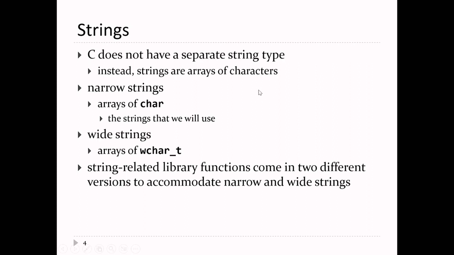Now to help you deal with this sort of thing, the language provides you with a library that can operate on arrays of characters. If you look at the header file string.h, you'll see that there are different versions of the functions for regular strings, where they're just arrays of char, and then the wider strings, which are arrays of wchar.